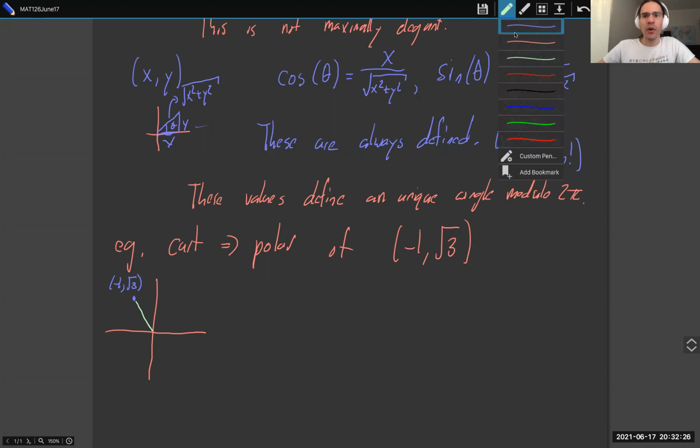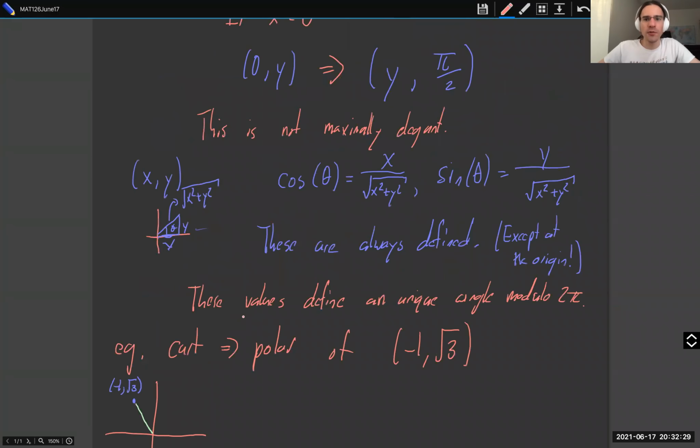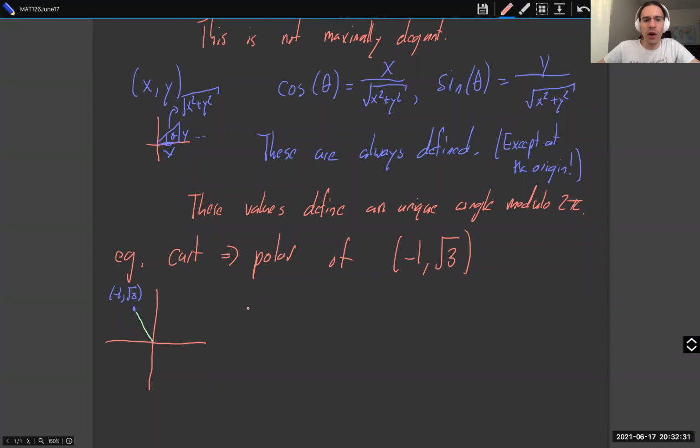Okay, what can I set r equal to? So what is this length? How can I write the length?